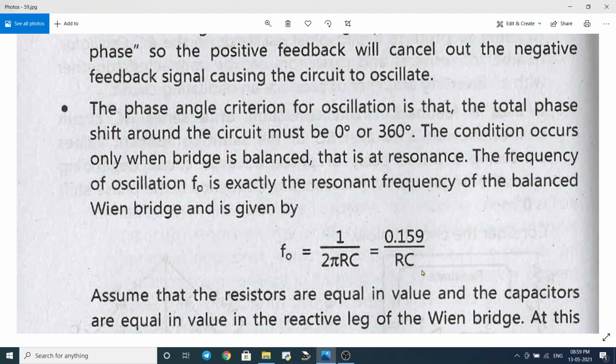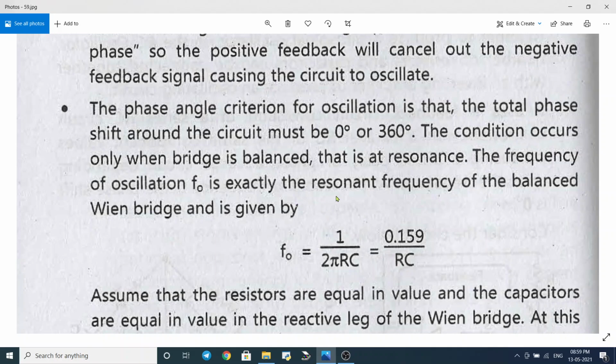Remember, this equation will be asked in the online examination as a multiple choice question. The frequency of Wien bridge oscillator is equal to dash dash dash, this much. Either 1 over 2 pi RC, or substituting the value of 1 upon 2 pi, that is 0.159 upon RC.